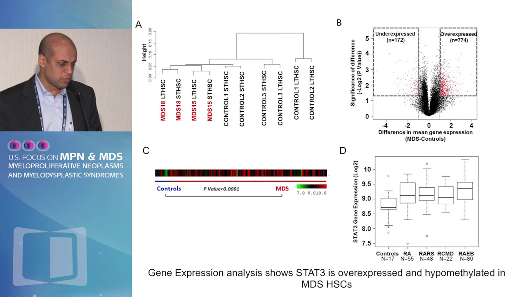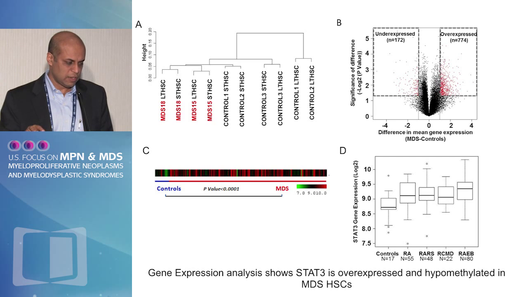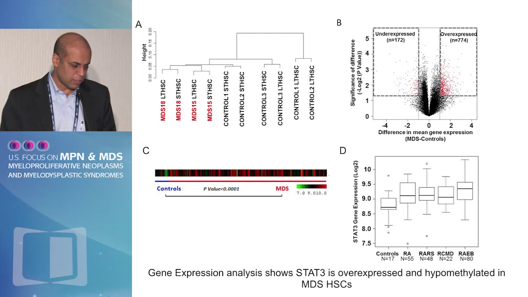Then we tried to find out if there were any correlations in genes that were significantly overexpressed and then lost their methylation. One of the targets that we found was the transcription factor STAT3, which is downstream of a lot of cytokine signaling cascades, including JAK2 and some other oncogenes.